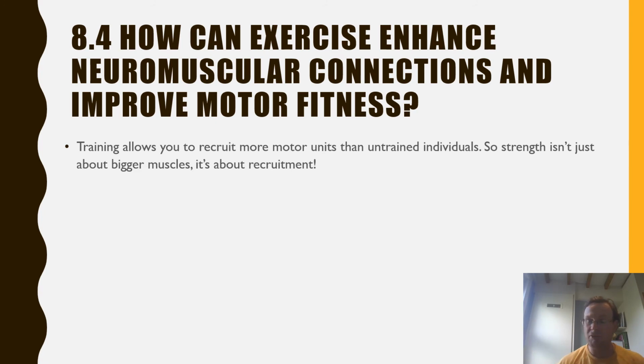Now, I might arrive at a gym as an untrained newbie, and you might put me on a shoulder press machine and I can do 10 kilos, let's say. 10 kilos, 5 kilos per arm. Now, you might think, that's not great for a big chap, but it's the first time I've done it.